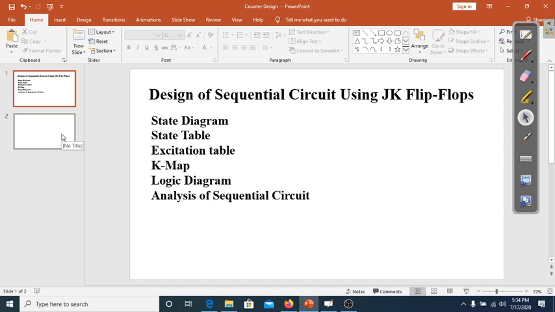So we have a given state diagram, and using the state diagram, we will design the sequential circuit by using JK flip-flops.